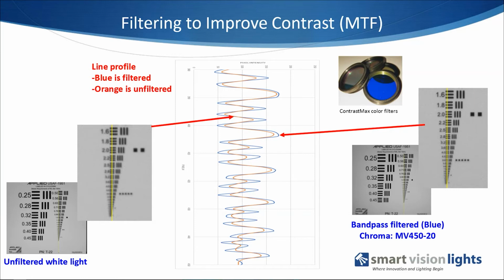But if you look at the zoomed in section, even if you don't understand the graph in the middle and knew nothing else about this, as we go diagonal right there, you can just read the numbers with your eyes better. You can see that the 1.6 is almost sharp, whereas it's already becoming quite blurry on the unfiltered one. And if you read down by the 2.2, 2.5, 2.8, you've already lost your contrast and resolution there.